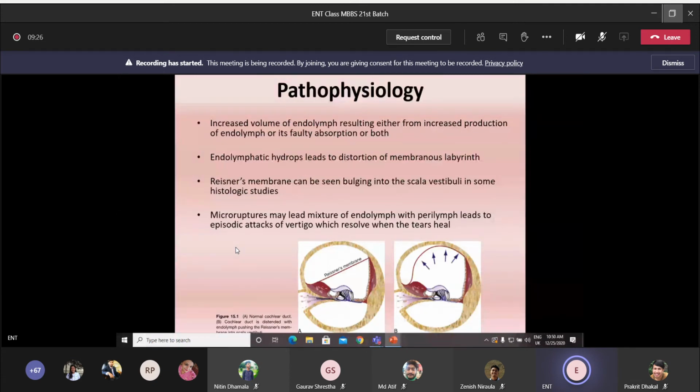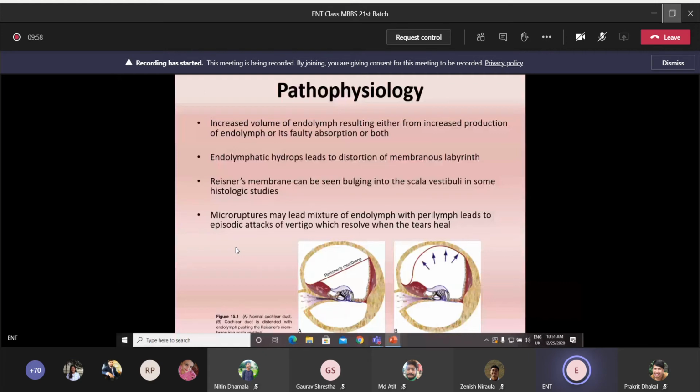And endolymphatic hydrops, what does it do? It leads to distortion of the membranous labyrinth. So what happens? The Reissner's membrane can be seen bulging into the scala vestibuli. If you dissect and look at it, when it bulges, there can be micro ruptures. When there is a micro rupture, this can lead to mixture of the endolymph with the perilymph, and this can lead to episodic attacks of vertigo.